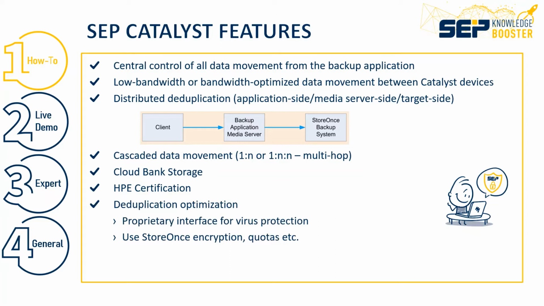First of all, the Catalyst interface has the huge benefit that it's a proprietary interface, and this helps in terms of virus protection. If the StoreOnce system would be connected as a NAS device, then it would be open to almost everybody to write to it.